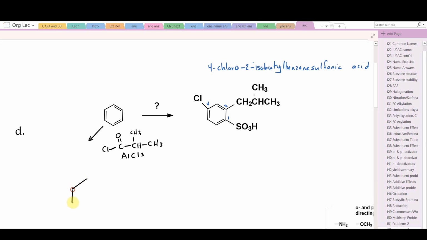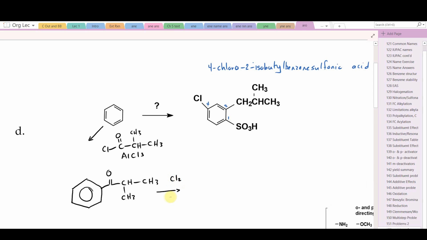And that will give us the carbonyl group on the ring. And that group, as we said before, is electron withdrawing and meta-directing. So this is a perfect time then to chlorinate.